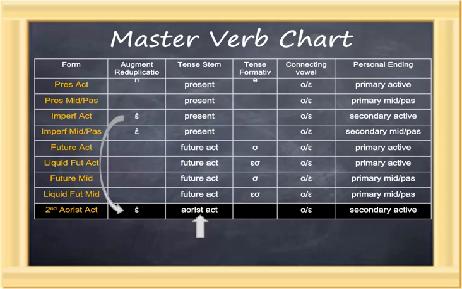The difference is that while the imperfect active uses a present stem, the second aorist uses an aorist stem, an aorist active stem. So those verbs that have second aorists form their aorist this way: augment, aorist active stem, omicron, epsilon, secondary active endings.